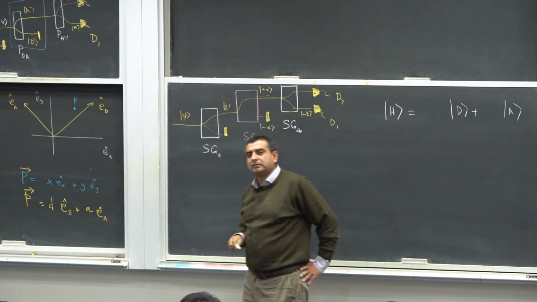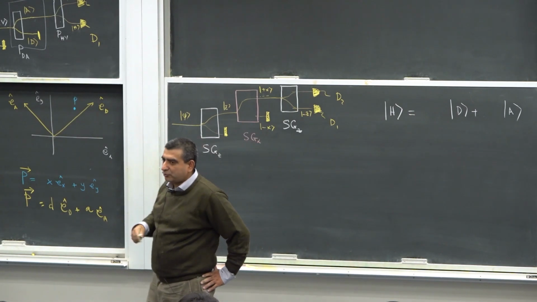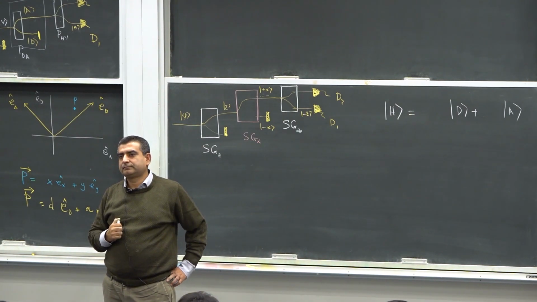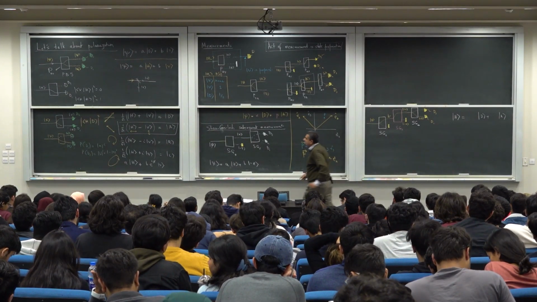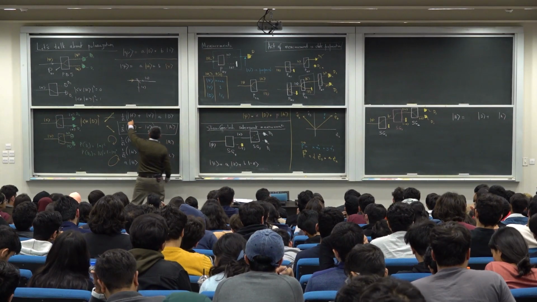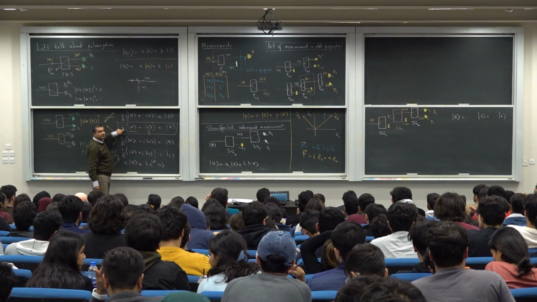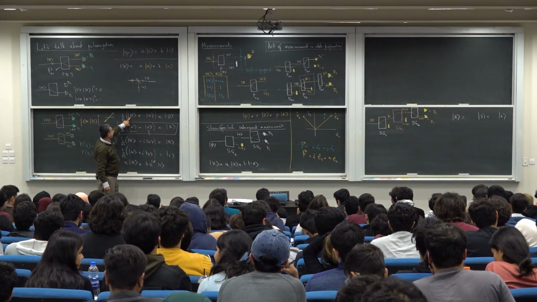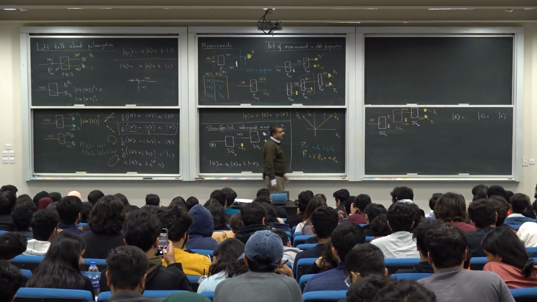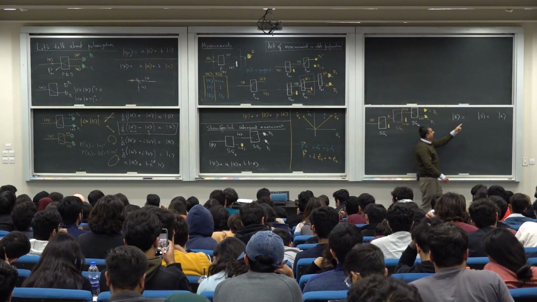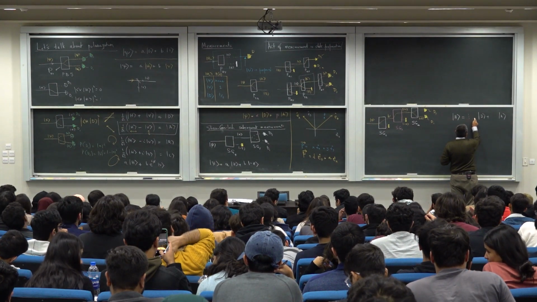Can I do that? So what would be the coefficients? Look at these definitions that we have over here, d and a. If I want to express ket h as a superposition of d and a, what would the coefficients look like? What should I write over here and here?